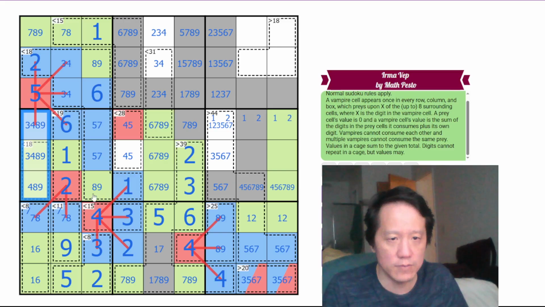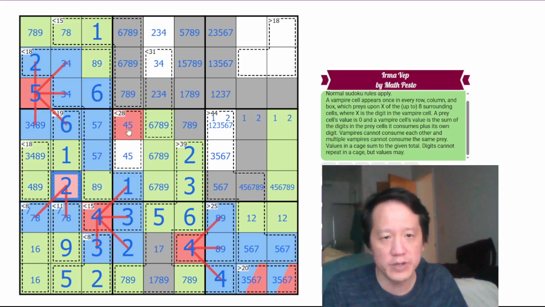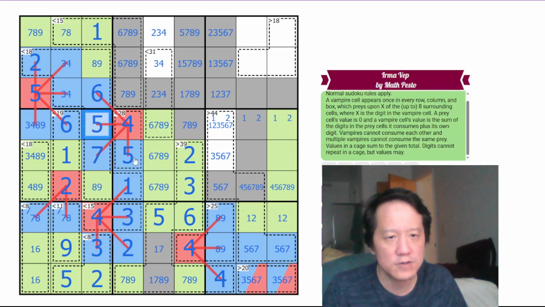We have an 8, 9, 8, 9 pair. This preys on these 3 and its partner in the cage. And so this is prey. This has to be 4 that it's preying on. So this is 5, this is 7, this is 5.